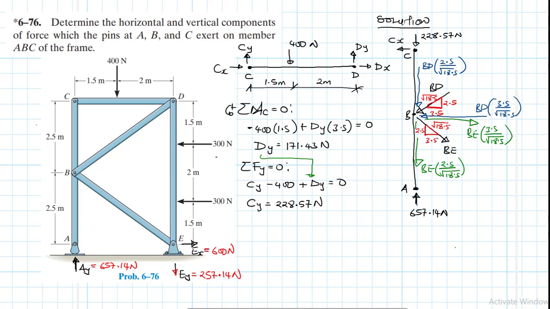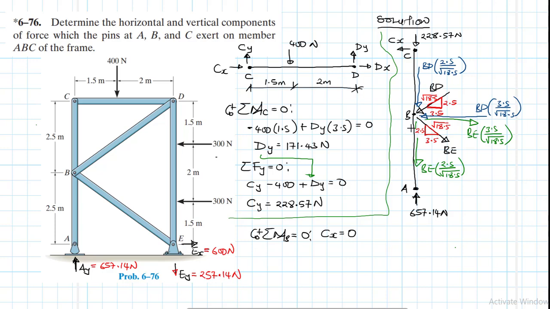So if we took moments, all right. If we took moments about B, we say summation of moments about point B equal to 0, and clockwise being our reference. We realize that Cx is going to be equal to 0, right?